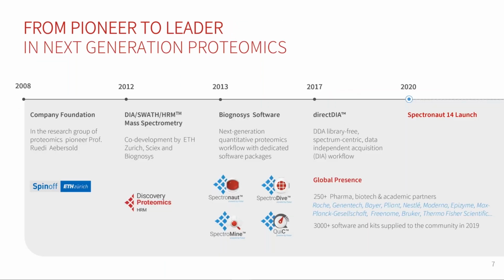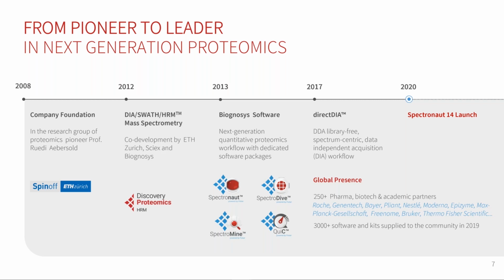Diagnosis was founded in 2008 as a spin-off from the group of Rudi Aebersold at ETH Zurich, and since then it has grown into a company of about 50 people and offers a range of products and services for proteomics. Around 2012, with ETH and SciEx, we co-developed targeted analysis of data-independent acquisition for large-scale proteome studies. And we started to release our software solutions for proteomics data analysis in 2013.